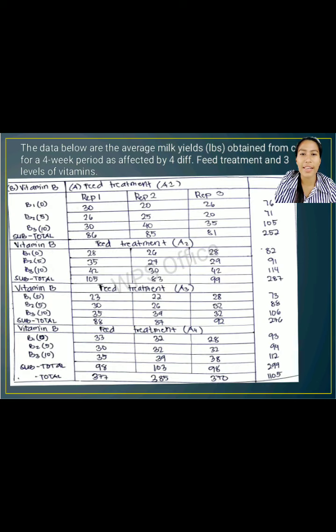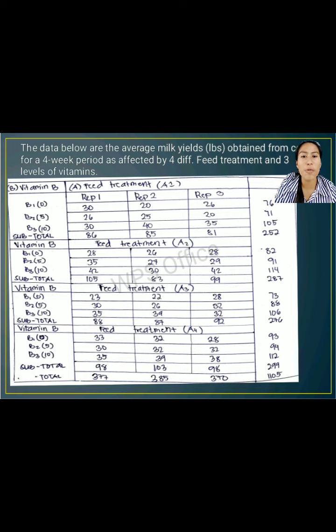We have the data below, which are the average milk yields in pounds obtained from the cows for a 4-week period as affected by 4 different feed treatments and 3 levels of vitamins. Factor A is the 4 different feed treatments, which are A sub 1, A sub 2, A sub 3, and A sub 4.